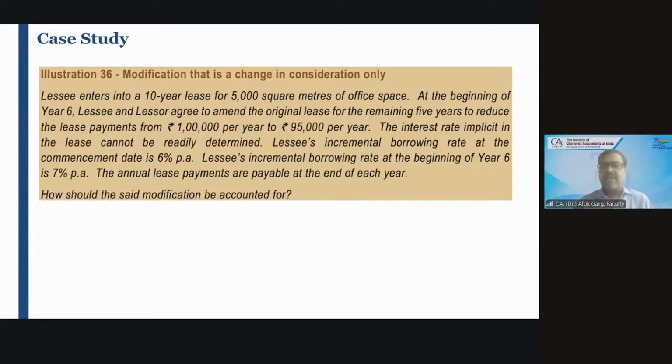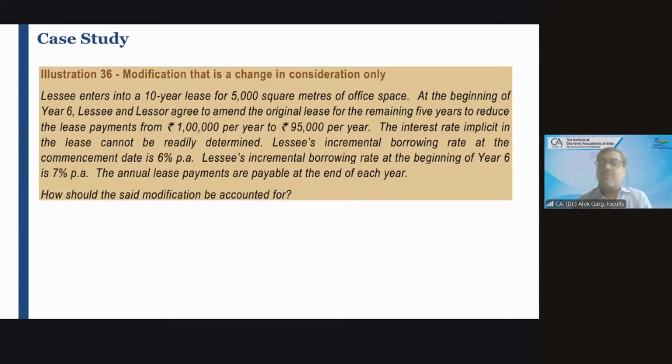Existing contract, you need to compute right of use asset and lease liability. Then you need to compute the carrying value of lease liability and right of use asset on the modification date, right? And how to compute right of use asset? You need to charge depreciation.